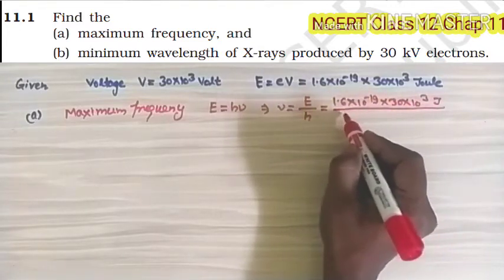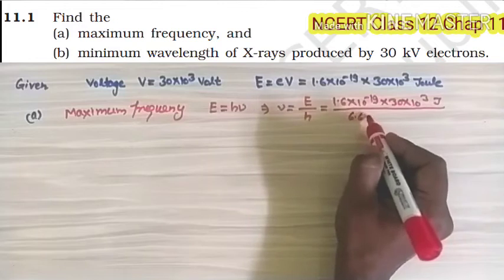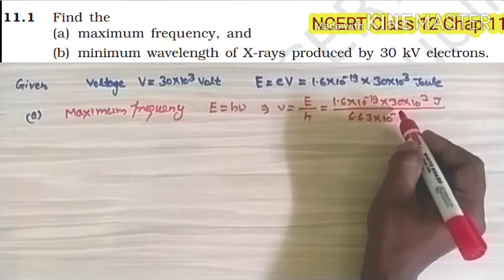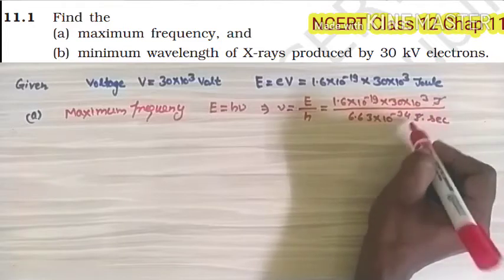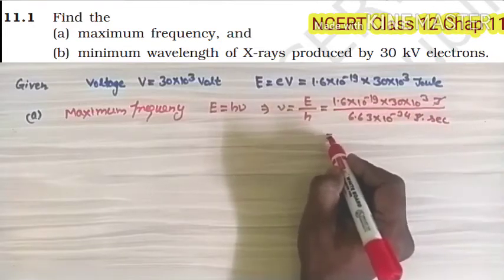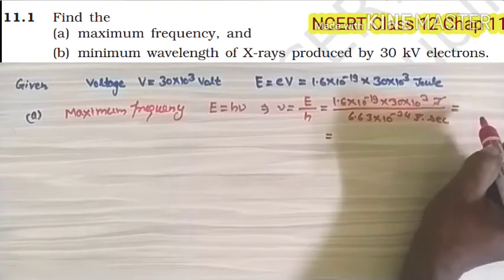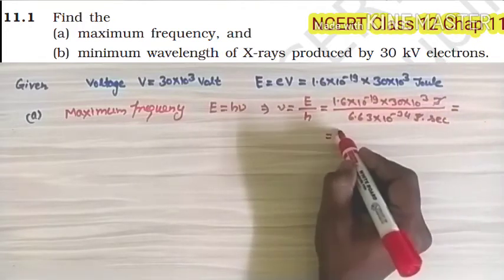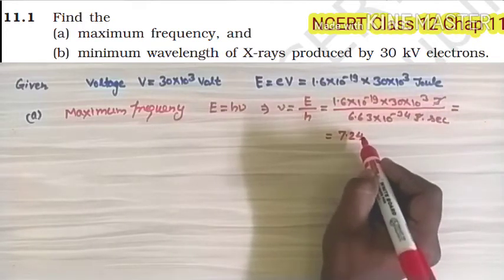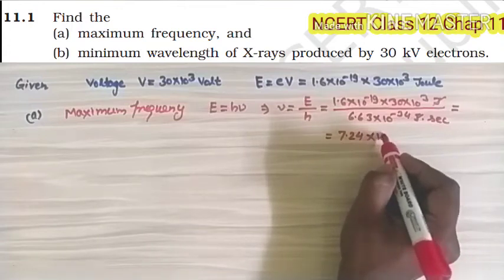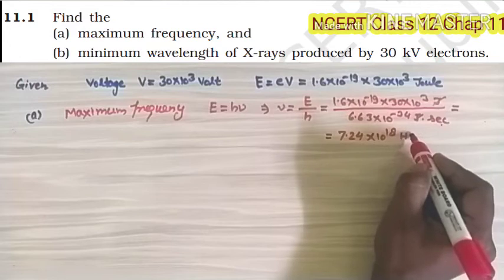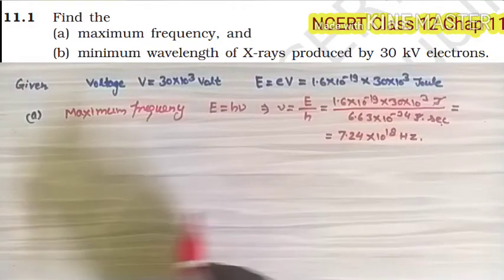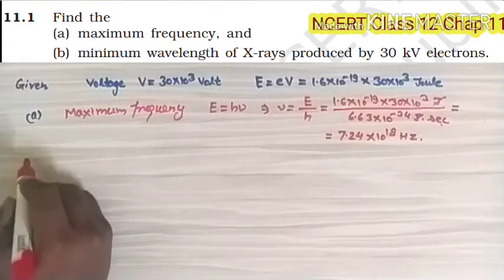Also you know the Planck constant, 6.63 × 10 power minus 34 joule second. Joule cancels out. Then you solve this, we find the value is 7.24 × 10 power 18 per second, or hertz. Write it down. So the first question is solved.